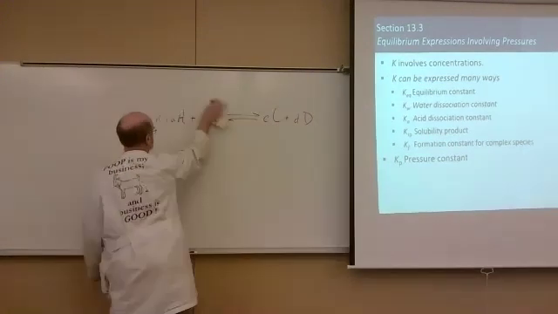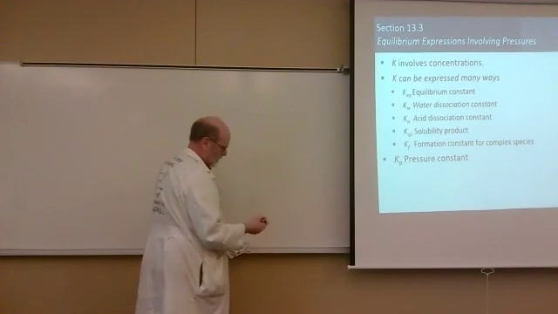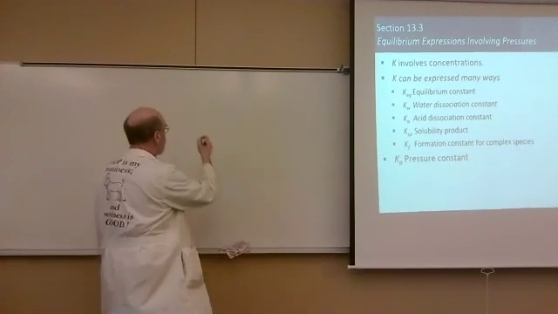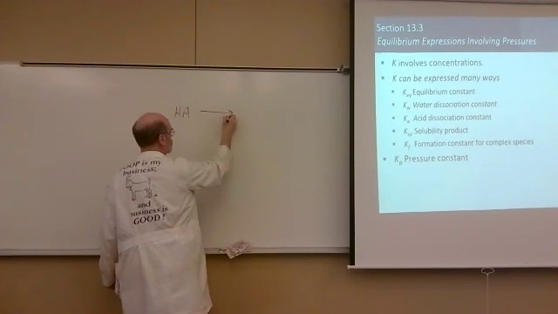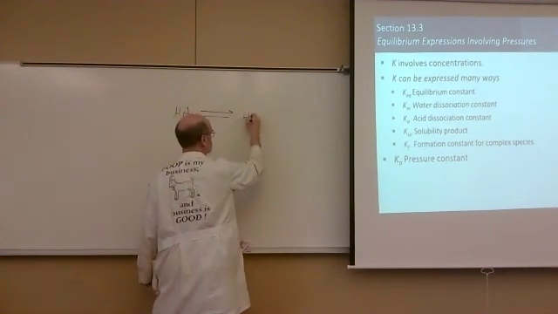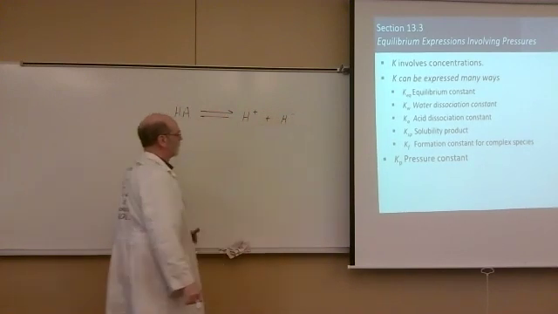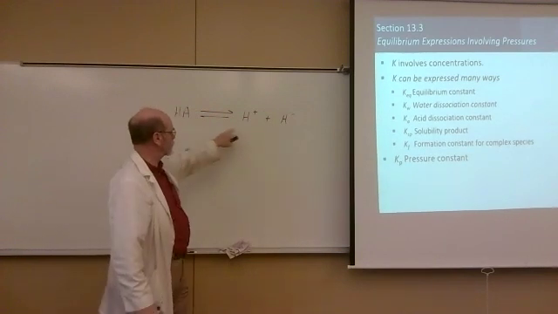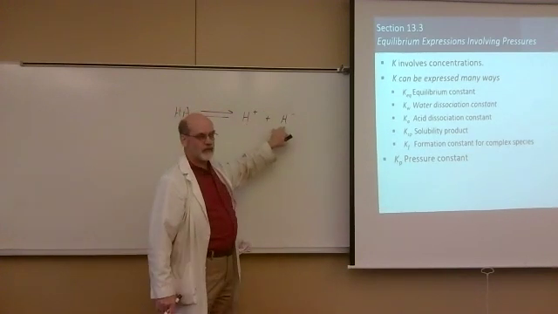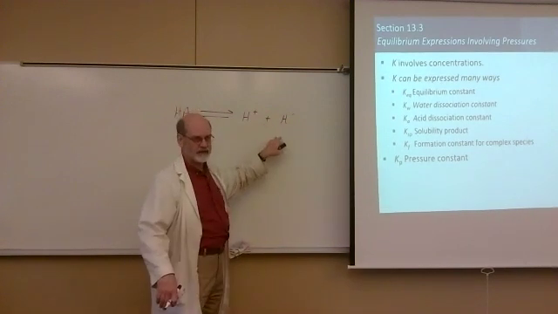Let's see. Yeah, better start over. If you take your generalized acid and then you apply equilibrium principles to it, then this acid is going to dissociate in water to produce some protons and what's left over, the conjugate, well, we call it the conjugate base.